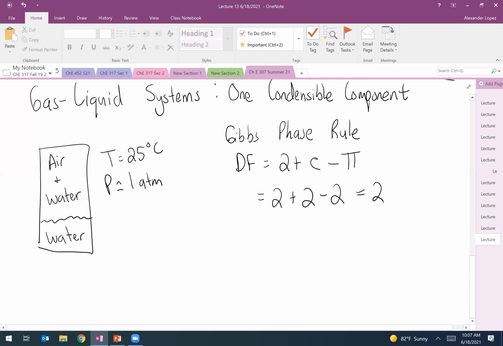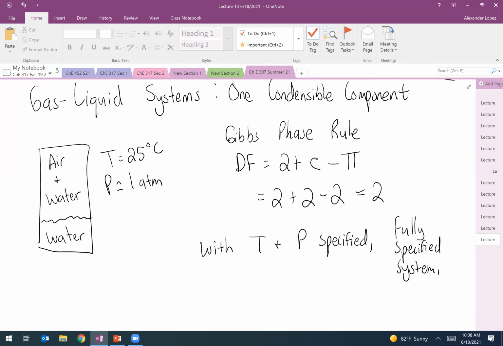Which means I would need to specify 2 variables to fully identify the system. So with temperature and pressure specified, we have a fully specified system. If I say my pressure is 1 atmosphere, my temperature is 25 degrees, that takes care of those 2 degrees of freedom.